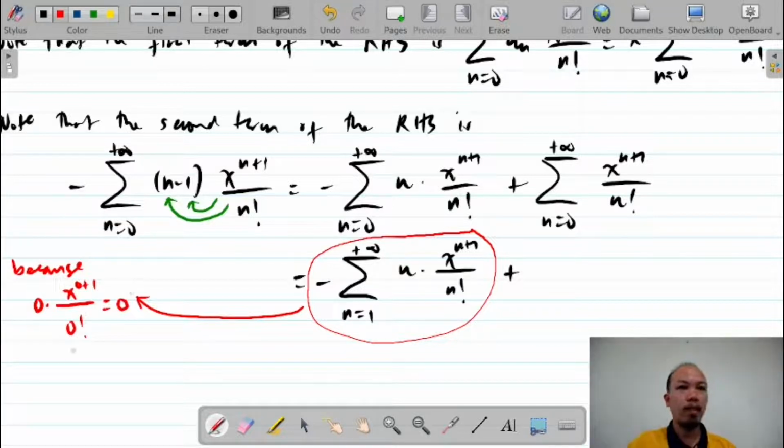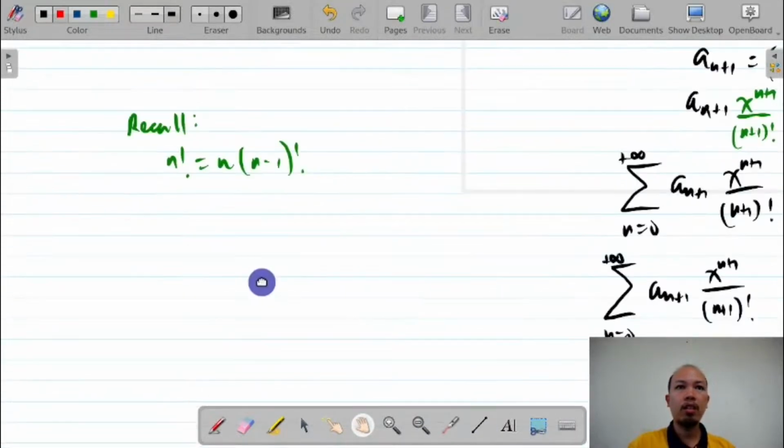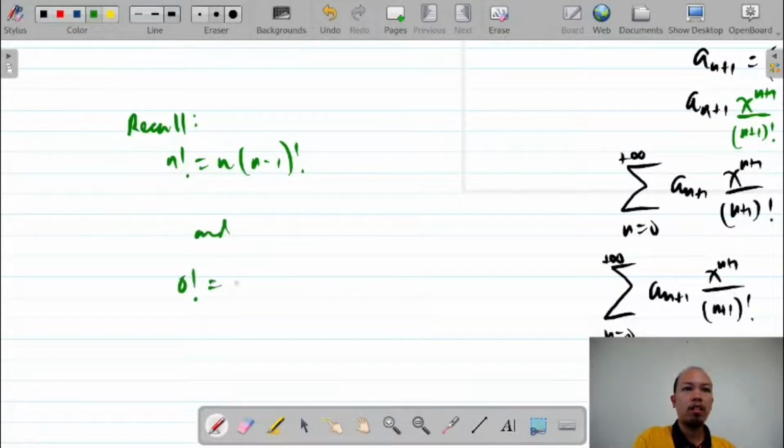Okay, notice that x to the 0 plus 1 is x. Okay, and we know that 0 factorial is 1. I don't know if you recall, this is the definition: 0 factorial is equal to 1.